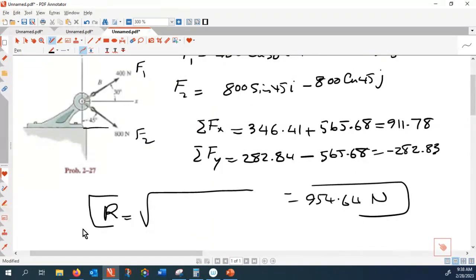That is the magnitude of the force. And now the angle.